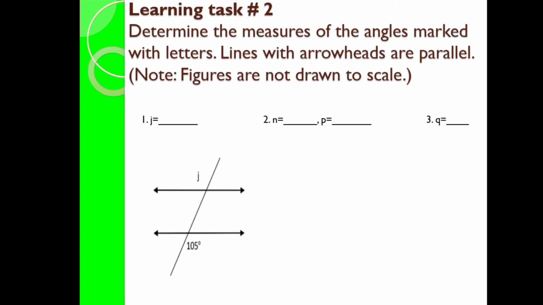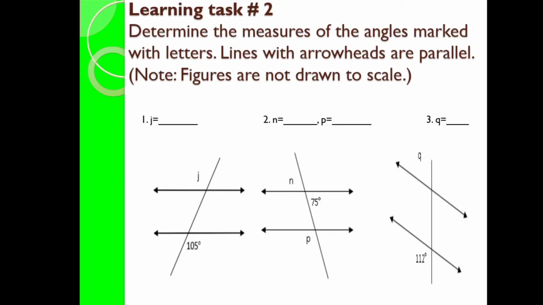Number 1. Angle J and the given angle 105 are alternate exterior angles. Number 2, angle N and the 75-degree angle are vertical. Angle N and angle P are exterior angles on the same side of a transversal.